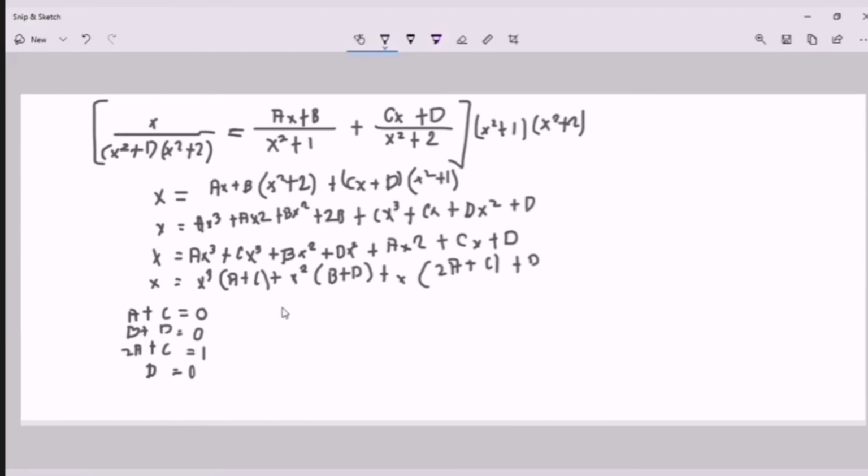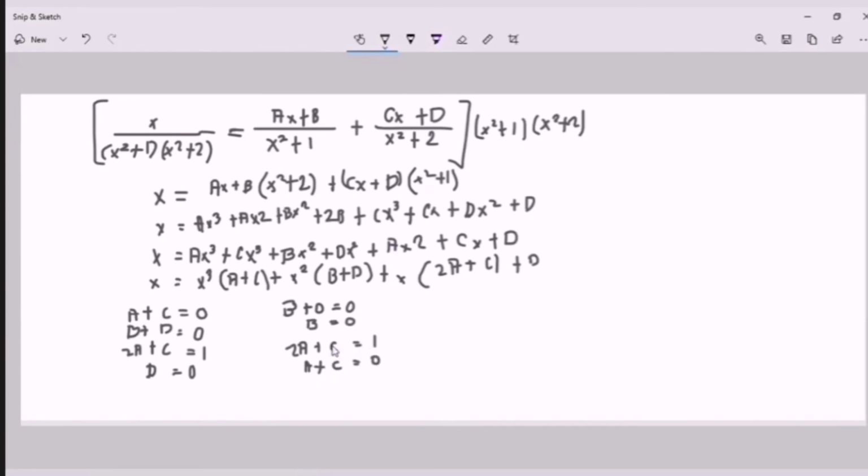So that gives us b plus 0 equals 0. So b plus 0 is b, so we have our value for b, which is 0. And now let us copy the third equation and the first equation. So let us copy 2a plus c equals 1, and then the first equation, a plus c equals 0.